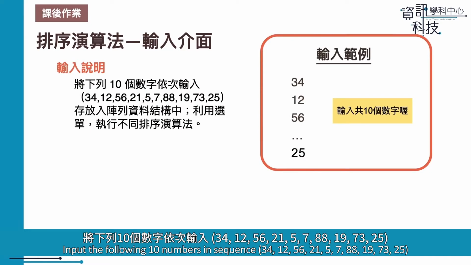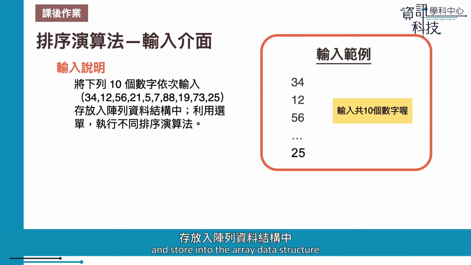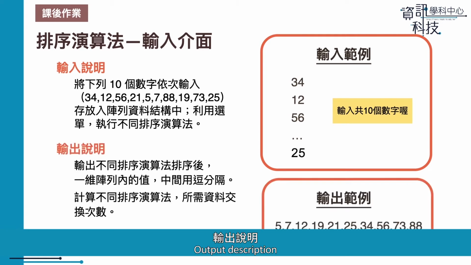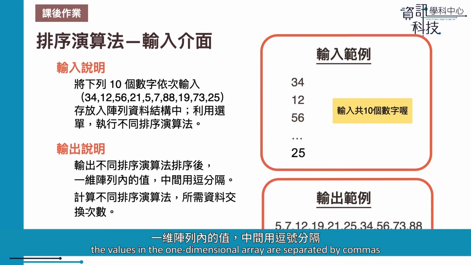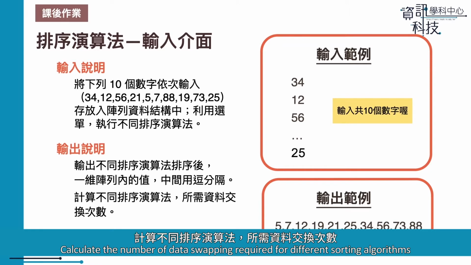Input the following 10 numbers in sequence: 34, 12, 56, 21, 5, 7, 88, 19, 73, 25. And store into the array data structure. Use the menu to perform different sorting algorithms. Output description. After outputting the different sorting with different sorting algorithms, the values in the one-dimensional array are separated by commas. Calculate the number of data swapping required for different sorting algorithms.